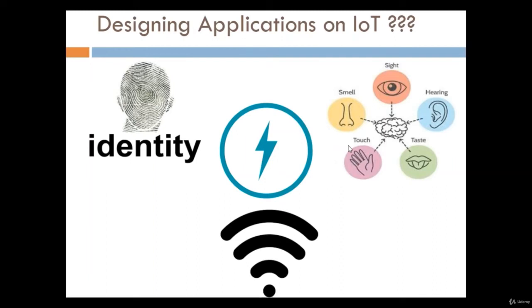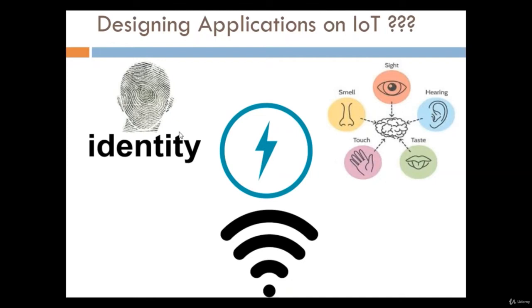But out of all these, the most important thing is the identity. If you have any passive thing in your surroundings, and you want to transfer data from that particular thing, then you need to give it an identity. That is, you need to give that thing a number or a particular name, and it is going to transfer data on that particular name.